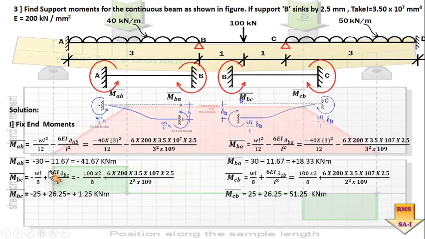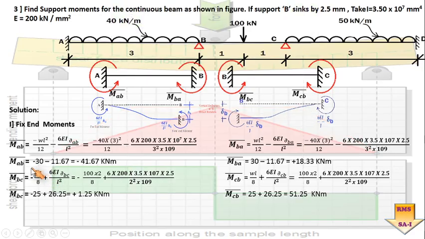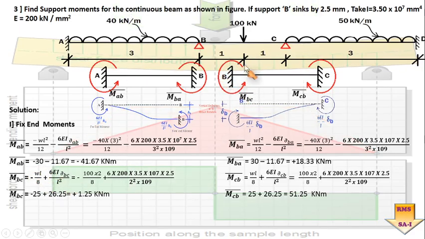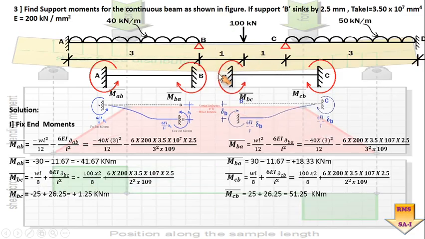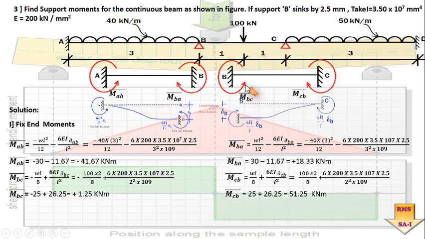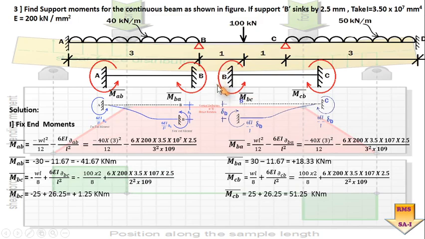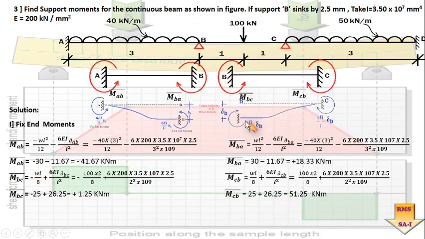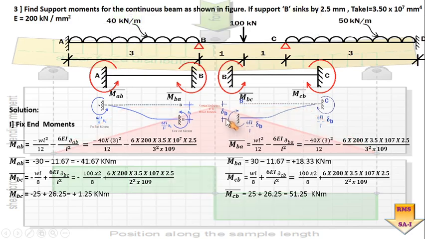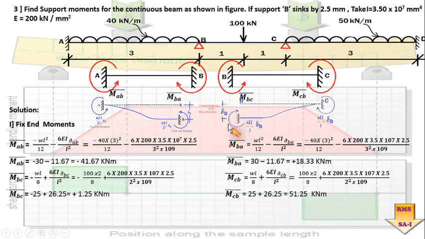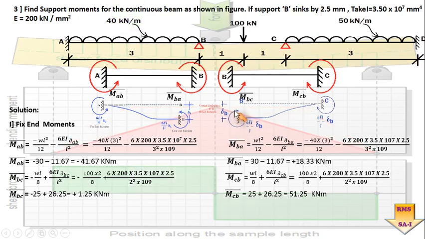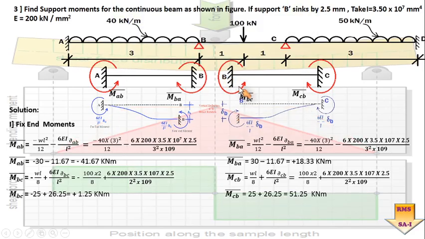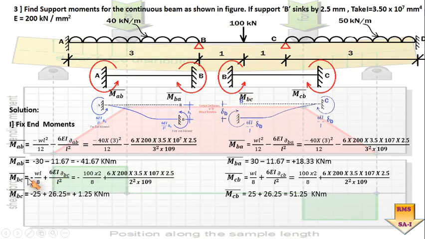I am just substituting the values and the directions for the individual moments occurring about joint B. So the first moment is due to the fixed moment as a standard case, that is anti-clockwise, so minus WL by 8, whereas the effect due to the sinking is introducing a clockwise couple about joint B. So it is clockwise and this is anti-clockwise, so plus and minus.